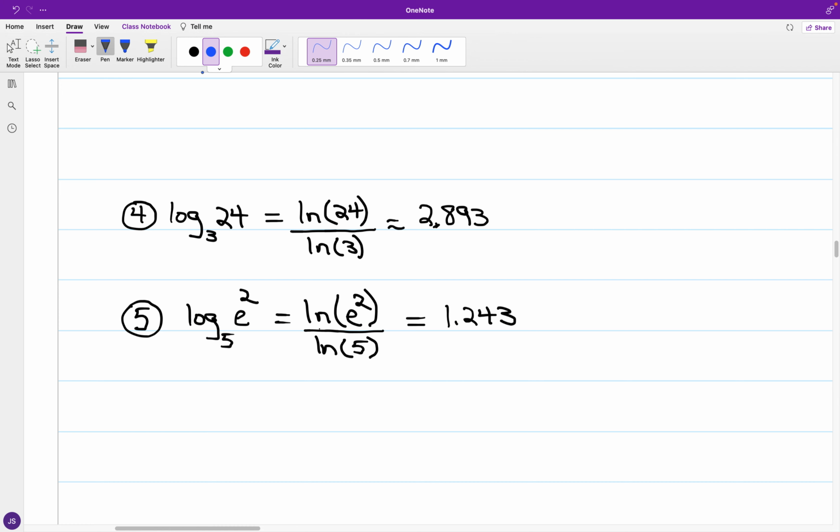Now I'll just go ahead and show you this, just looking at this through another angle. It would also work with base 10 logarithms, but I just want to mention something here. Now by definition, a natural logarithm is going to be a base e logarithm.